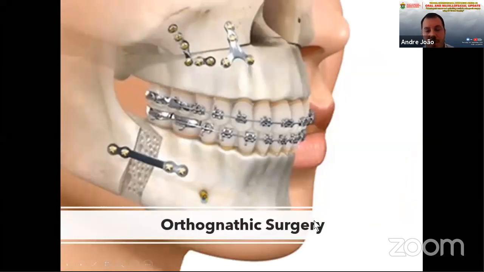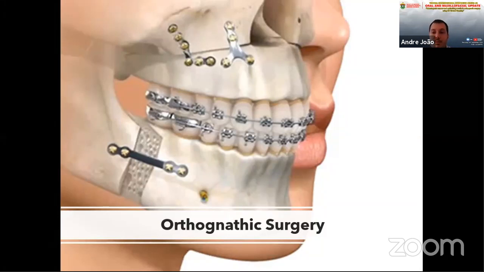Just for those that are not familiar with it, orthognathic surgery is also called jaw correction surgery. It's when we do osteotomies in the jaws. Usually you can do it in the maxilla, mandible, and chin to correct facial deformities.